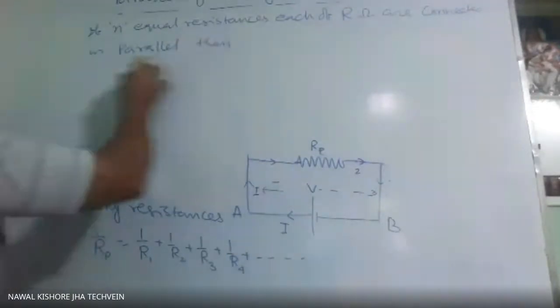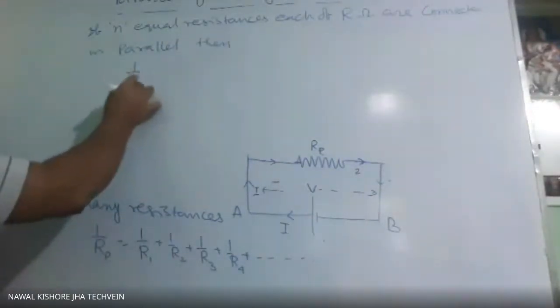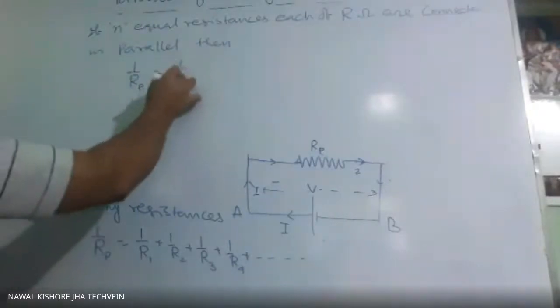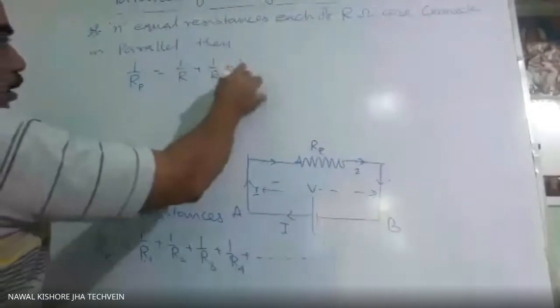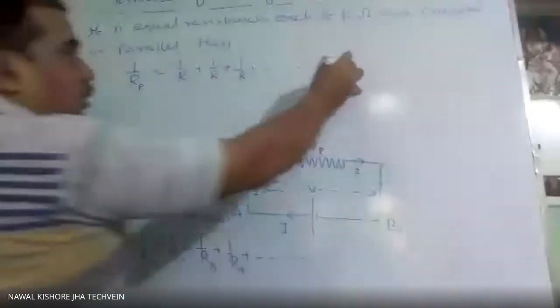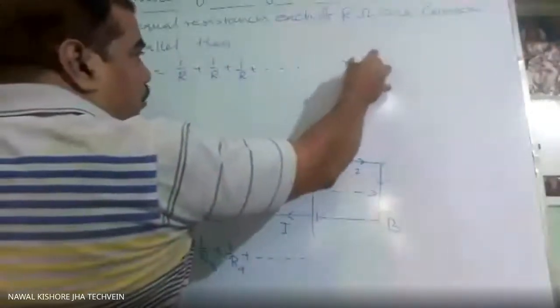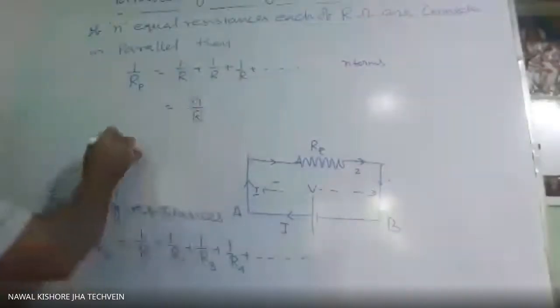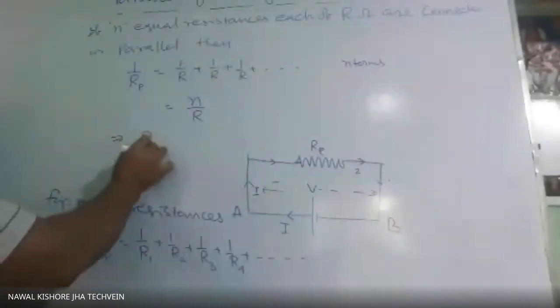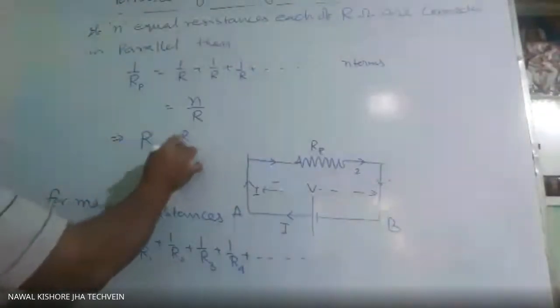Then their parallel equivalent will become 1 by R plus 1 by R plus 1 by R plus so on up to n terms. So this one will become n over R. That means this parallel equivalent is R by n.